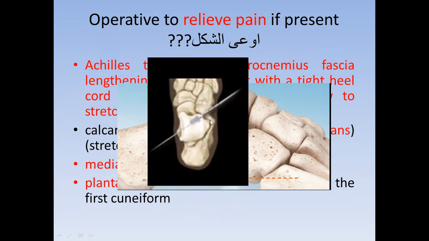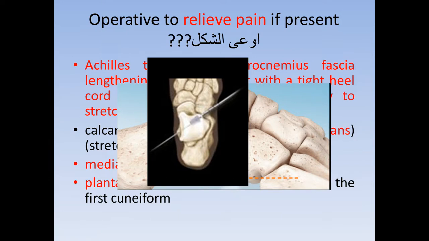From the lateral side, you open about 2 centimeters, then wire under C-arm, then progressive dilators, and put the maximum screw. It is extra-articular, in front of the posterior facet of the talocalcaneal joint. Okay, this is the first option.